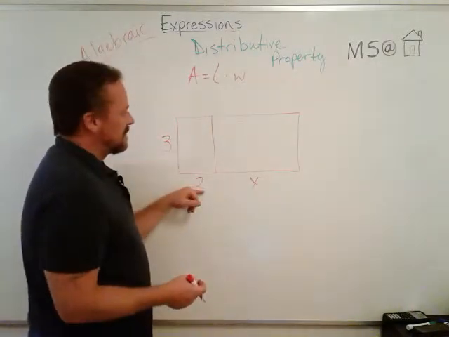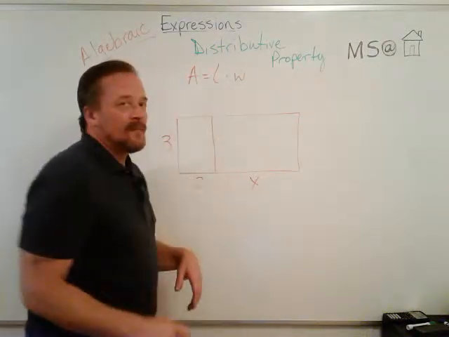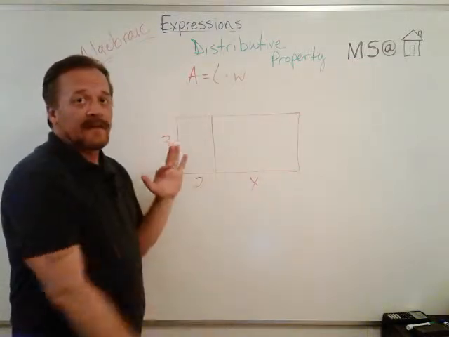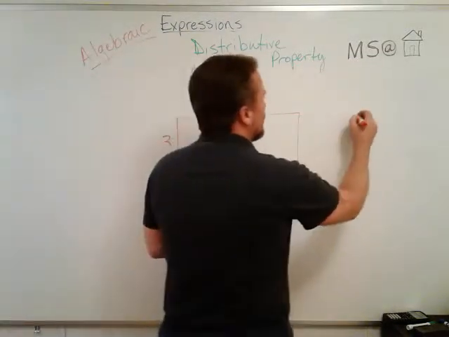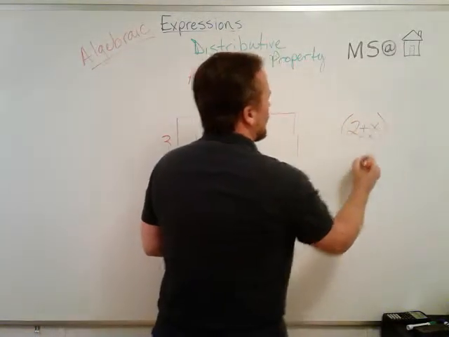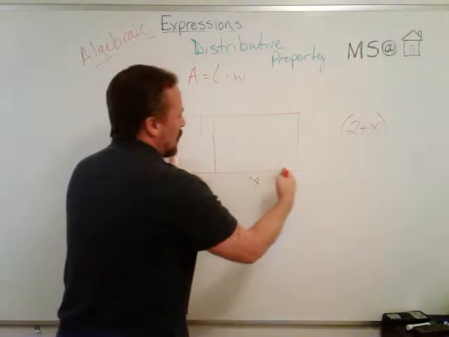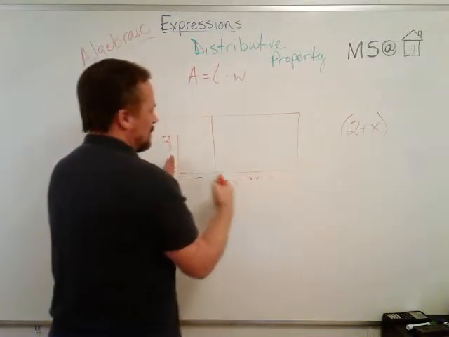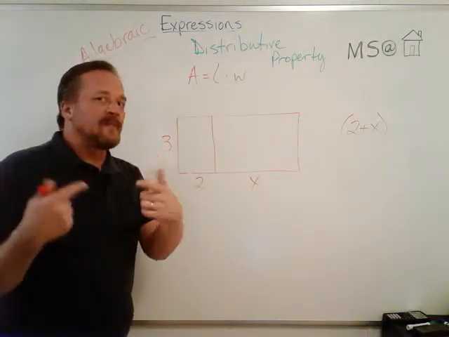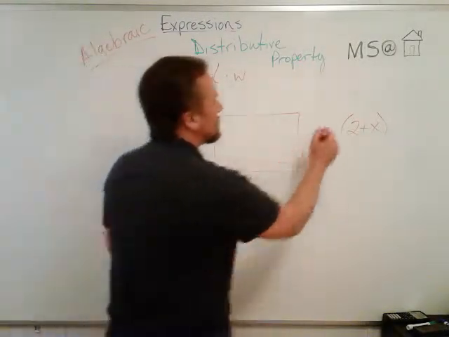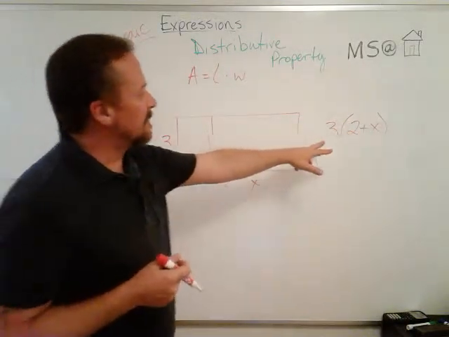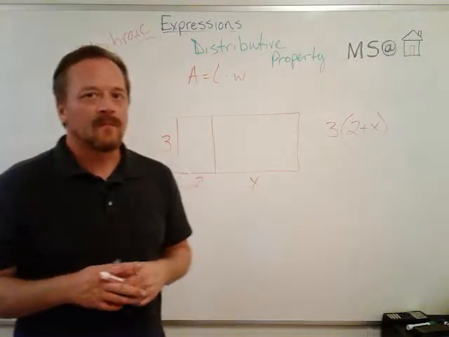I have this width and I have this width, and I want those two added together because I'm going to multiply that by 3 to find the area of the whole thing, right? So in its own little group, I'm going to put 2 plus x, and that represents this whole length right here. That's the whole thing across. And I also know that I want to multiply both of those by 3, so I can just use this outside the parentheses. Does that make sense?